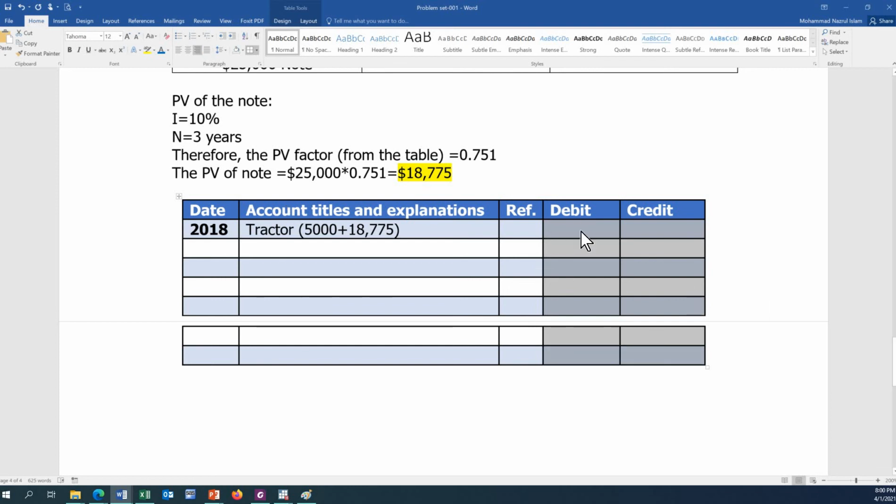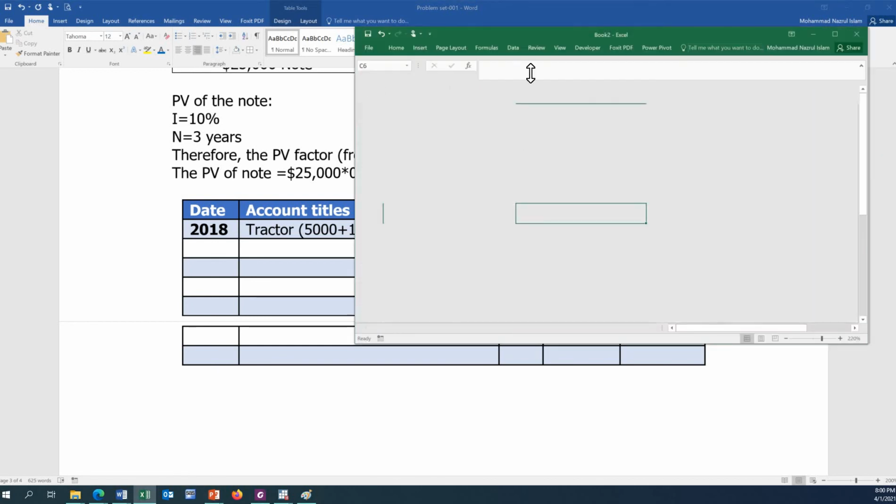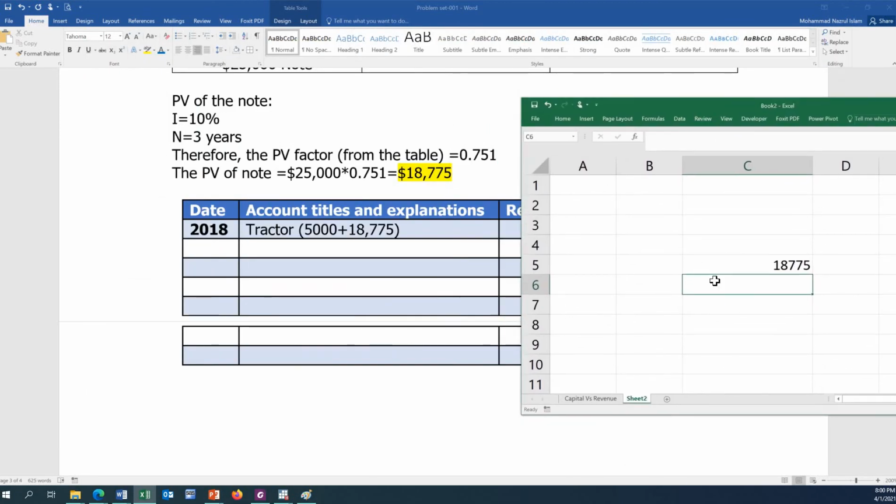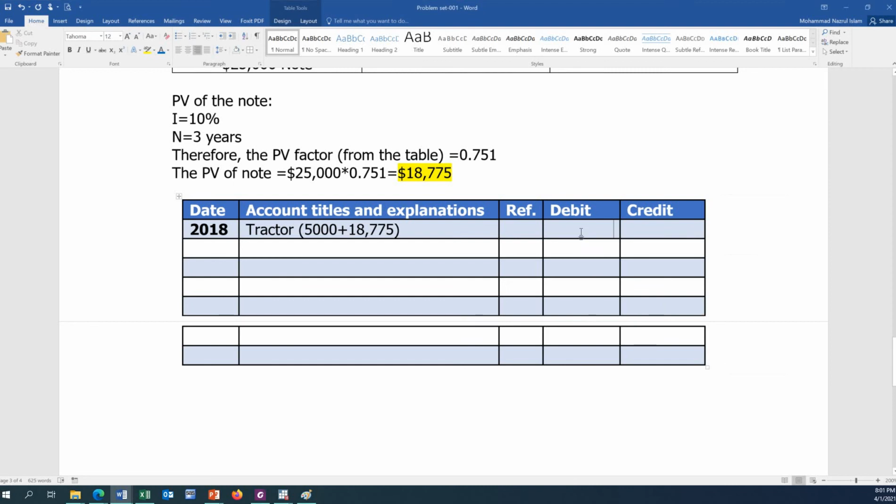So the total value would be equal to, so again we can use the Excel file. It's going to be 5,000 plus 18,775, which is 23,775. Okay, so 23,775.